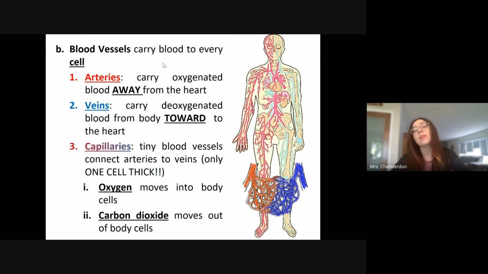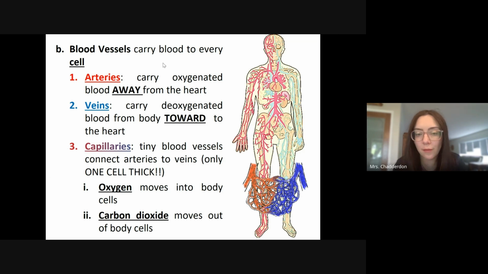Alrighty? Then veins are going to do the opposite. They are going to carry deoxygenated blood, which means it has more carbon dioxide, okay, less oxygen, and it's going to go from the body toward the heart, okay, because it just picked up this CO2 in the cells because your cells produce CO2 as a waste product.